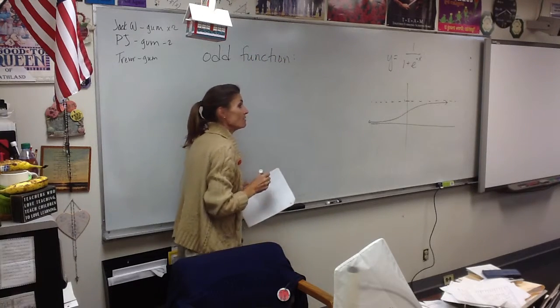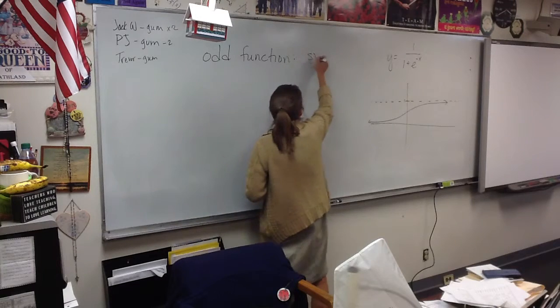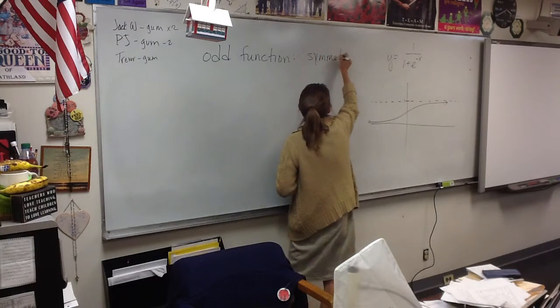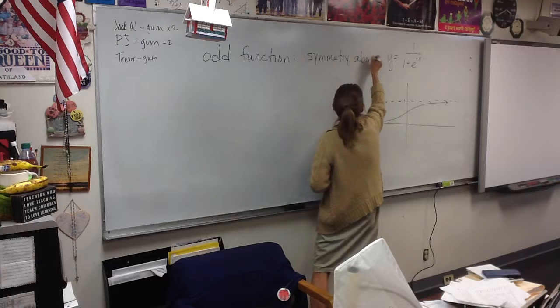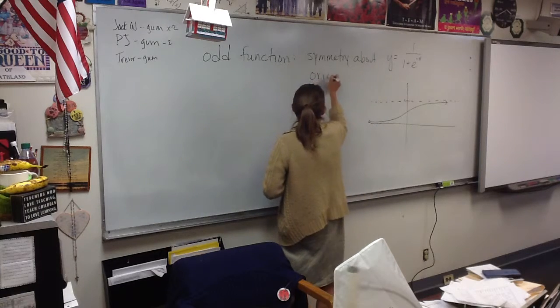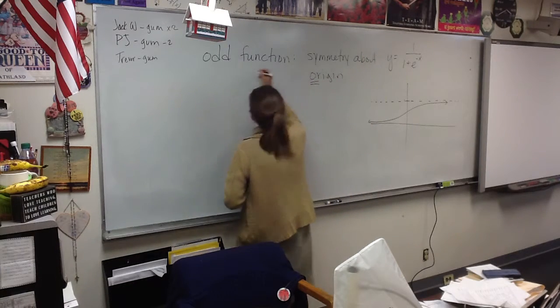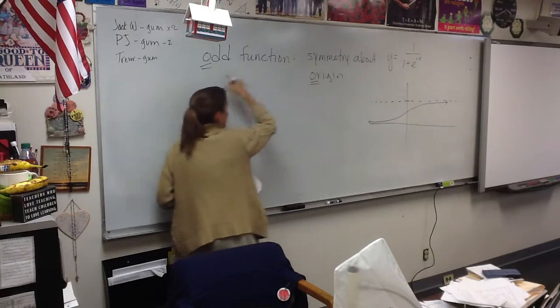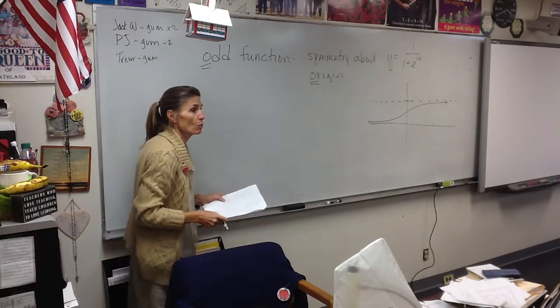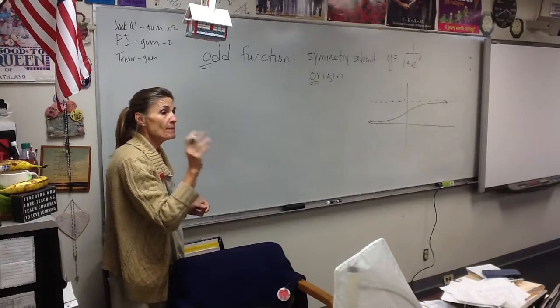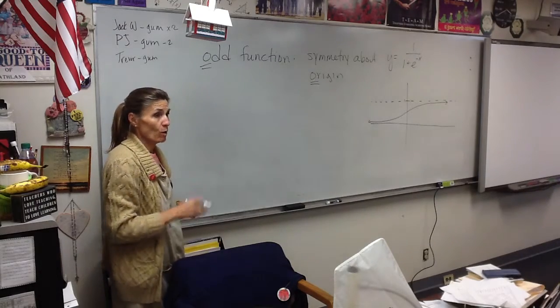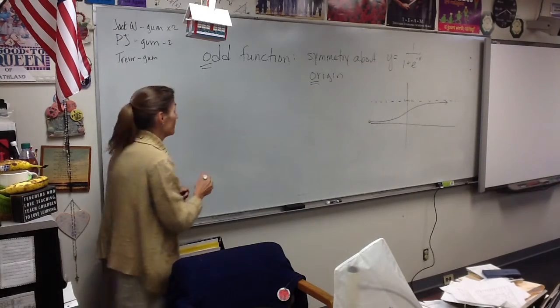An odd function has symmetry about the origin. Let me give you an example of one. There are 4, so we're going to have to come up with 4.